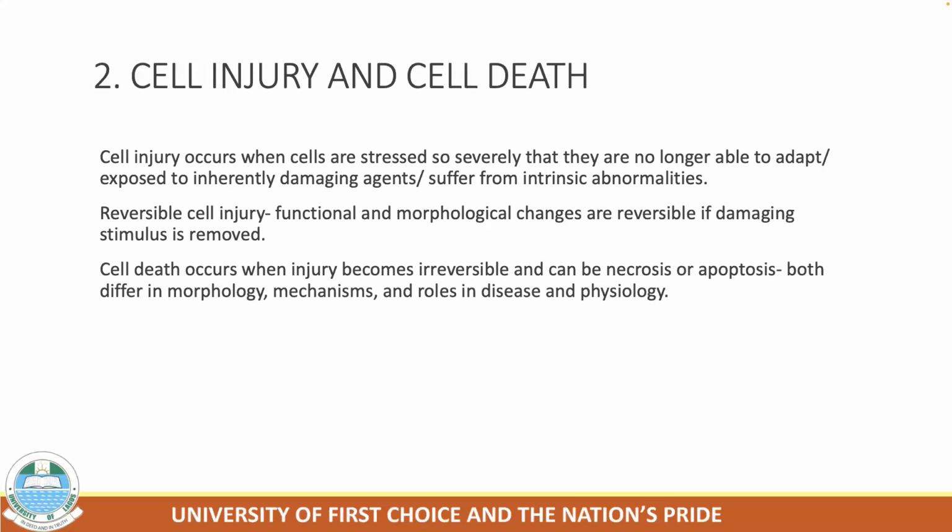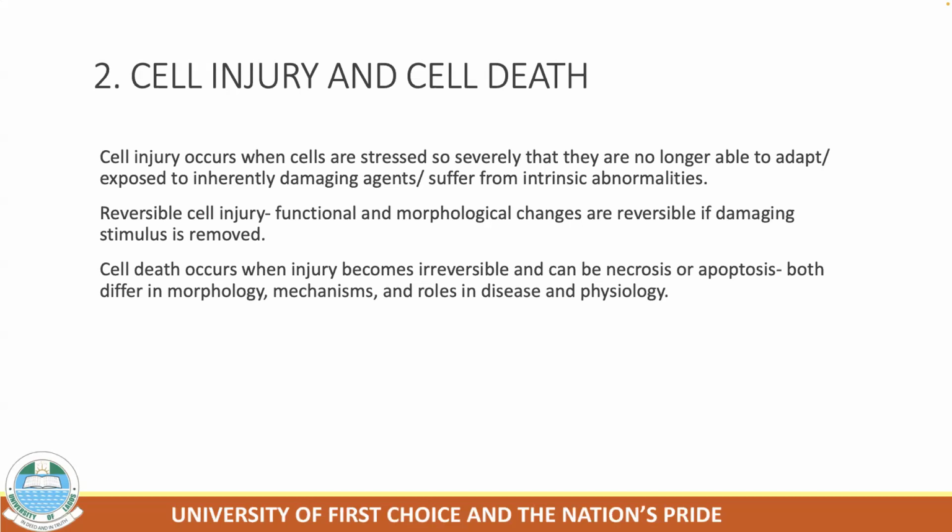Now if there is continuous pressure, stress, or strain, maybe the hypertension is uncontrolled, what happens to the patient, right? There can be cellular injury. The cardiac cell can become injured.